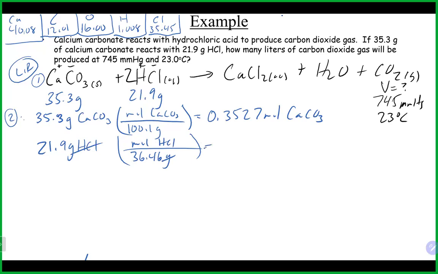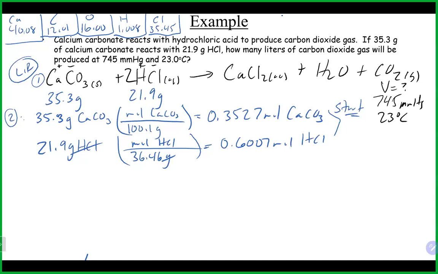Again, the grams cancel, and that gives us 0.6007. So remember, this is basically your starting amount of each of your reactants.